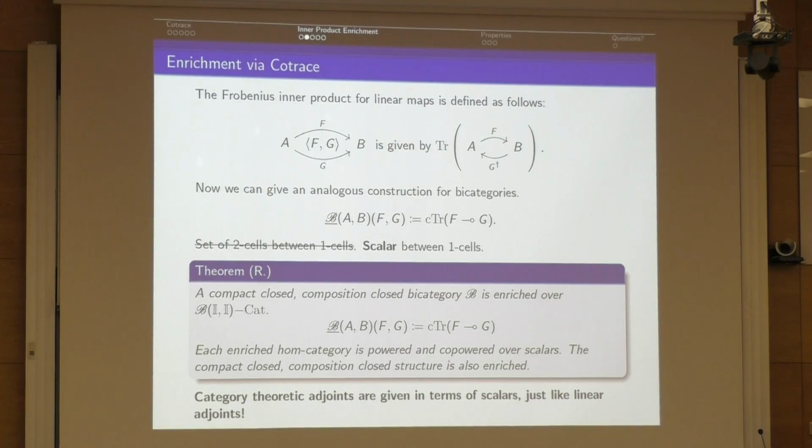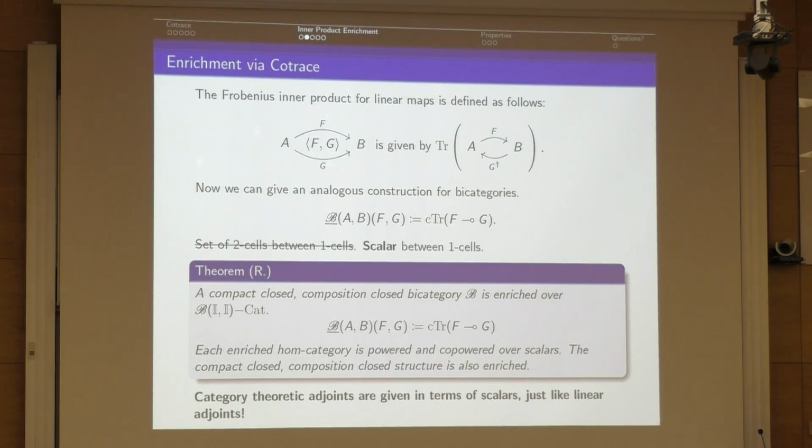That's a bit of a mouthful, but essentially what it's saying is that the scalars between all your one-cells behave like the sets of two-cells, so you can compose, you've got this closed structure still, everything's symmetric monoidal closed in fact.